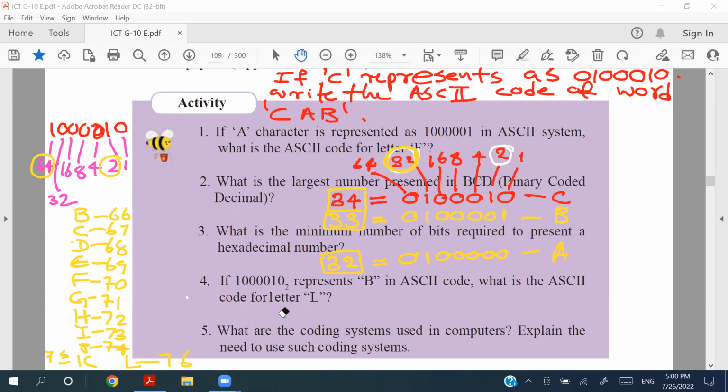Cab can be written as how? 0, 1, 3 zeros, 1 0, that is C. And then A, that means 0, 1, 5 zeros. And then B, that means 0, 1, 4 zeros and a 1. So this is going to be your answer.